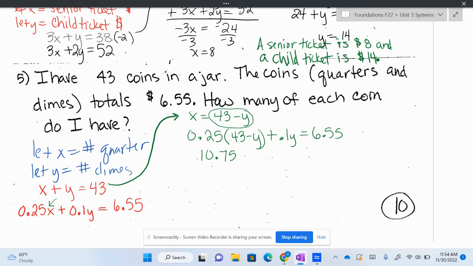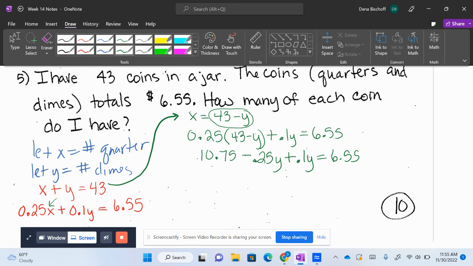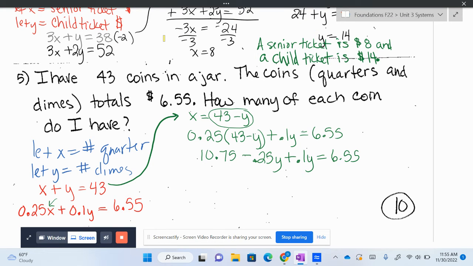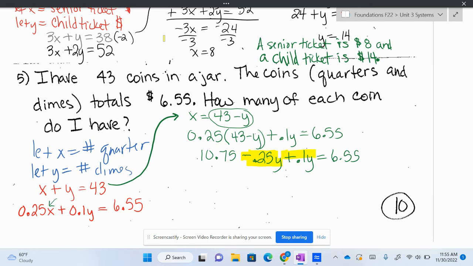10.75. Okay. What is 0.25 times negative y? A negative 0.25y, yes. Plus 0.1y equals 6.55. Do we have any like terms? Meaning, are any of these numbers the y's?